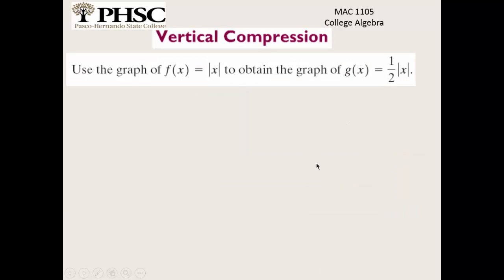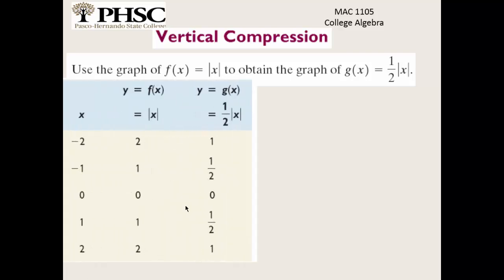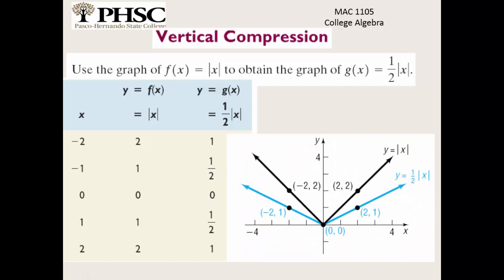Here the base function is f of x equals the absolute value of x. We're going to obtain the graph of 1/2 times the absolute value of x. Here's the table, and as you can see, we're dividing the output by 2. Here is the base function in black, and then the blue.